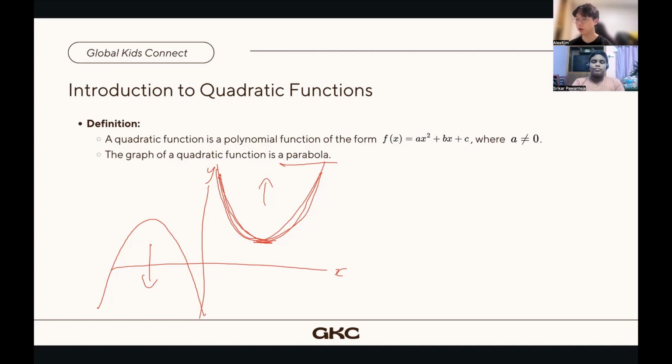A downwards opening parabola has a maximum value but does not have a minimum value because the y value can go to negative infinity. We'll take a look at what kinds of quadratic functions have what kinds of parabolas.